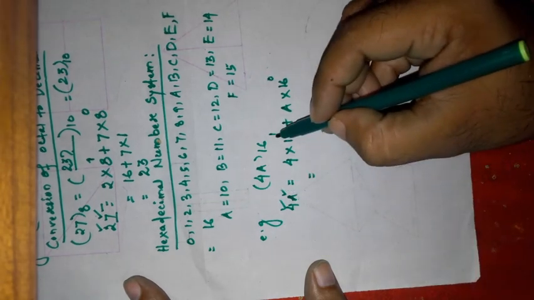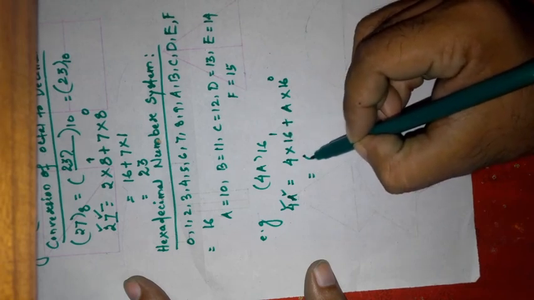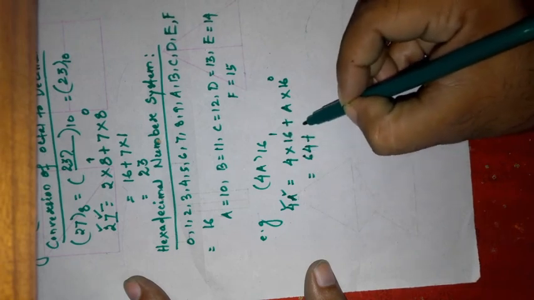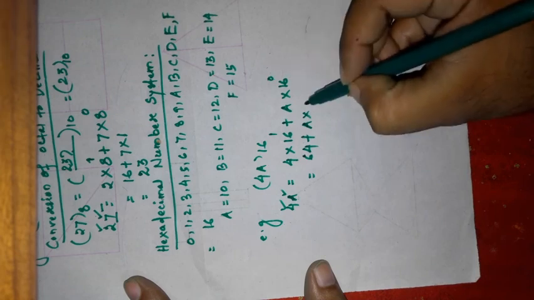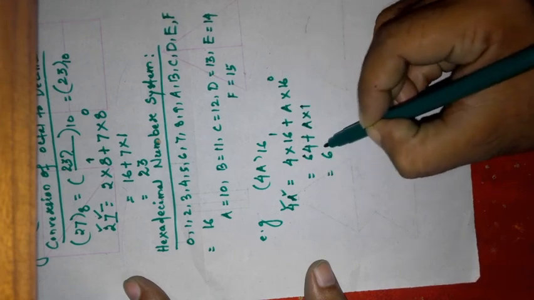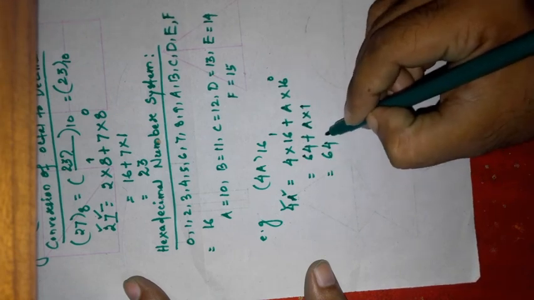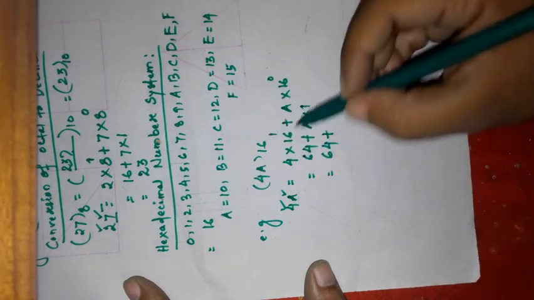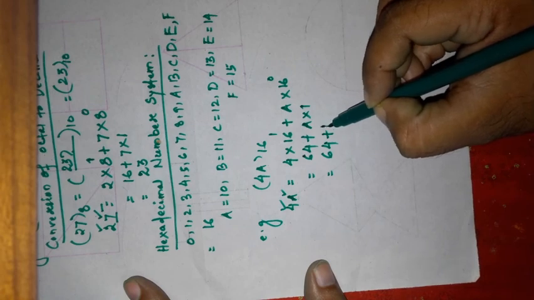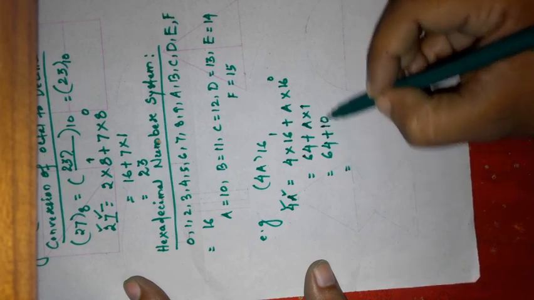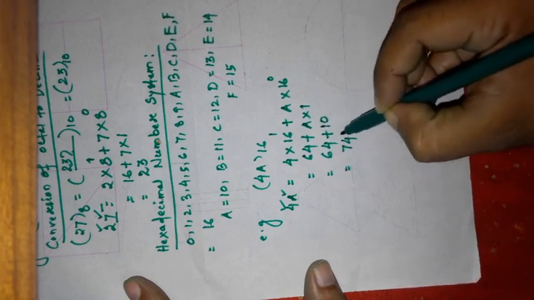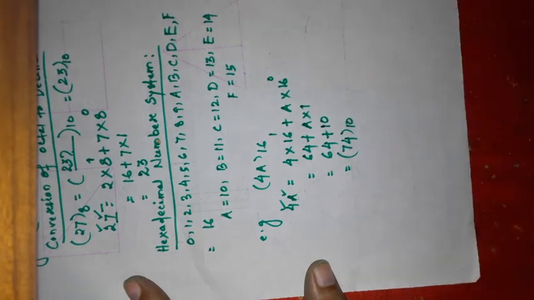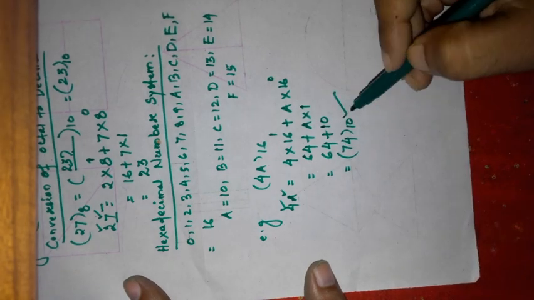So 4 into 16, 64, plus A into 16 to the power 0 equal to 1. So 64 plus A means 10. So 10 into 1, 10. So 64 plus 10 equal to 74. That is your final answer.